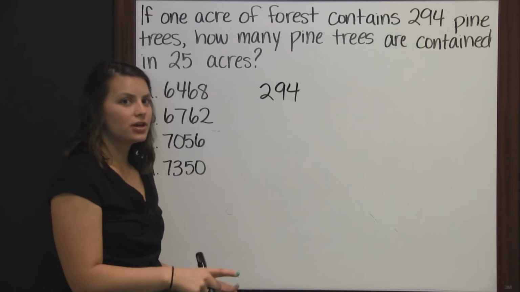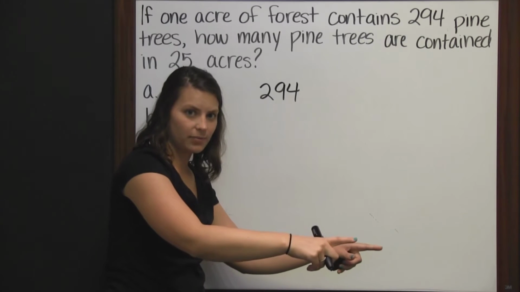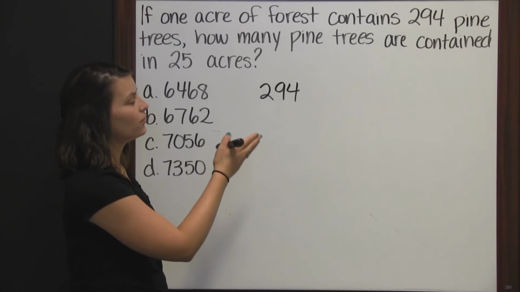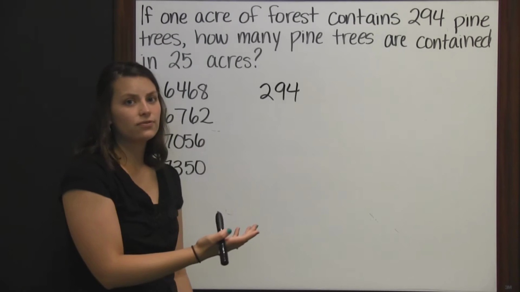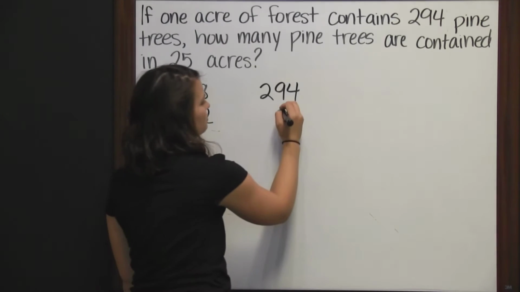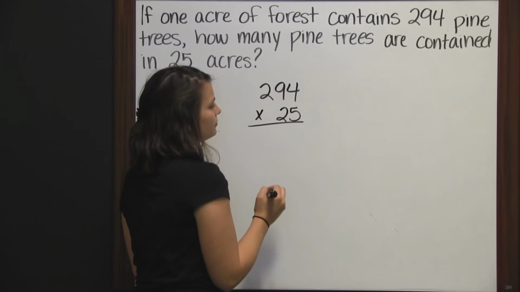So there are 294 pine trees here, 294 pine trees in this acre, 294 pine trees in this acre. So you could add 294 to itself 25 times, or you could just multiply 294 times 25.